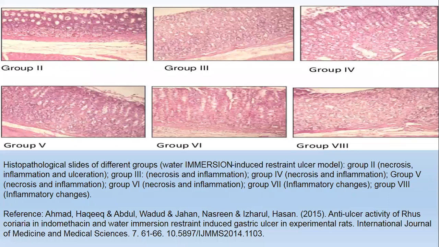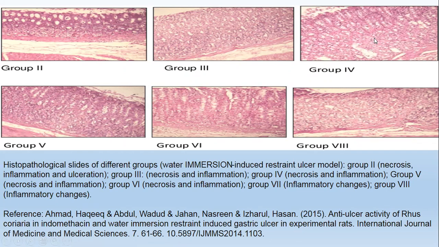This is a histopathological slide which we will look at under the microscope. Histopathology slide, water immersion includes resident nuclear model. Group 2 is necrosis, inflammation and ulcerations. Now this is group 3 and it is necrosis and inflammation.